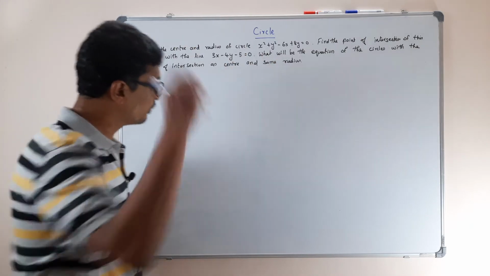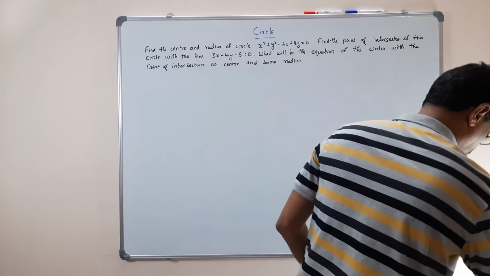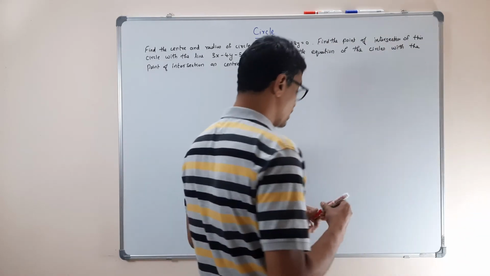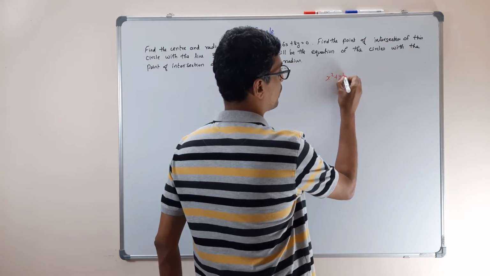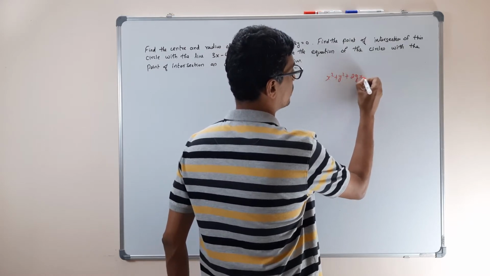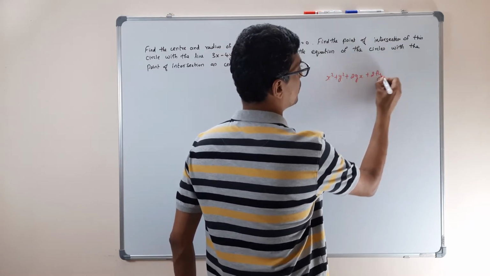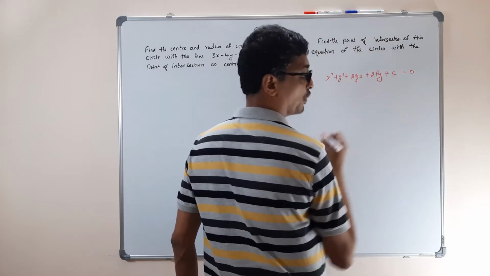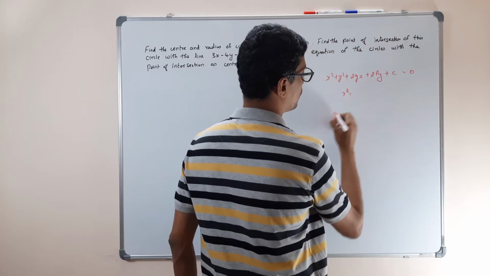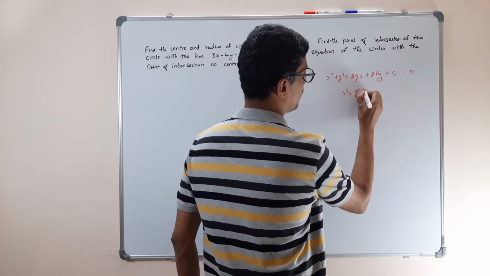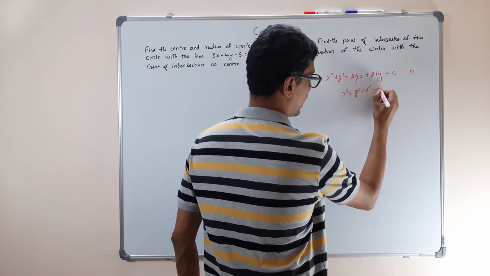Okay, and same radius. So we saw the general equation of a circle: x square plus y square plus 2gx plus 2fy plus c is equal to 0. And the radius: r square equal to g square plus f square minus c.